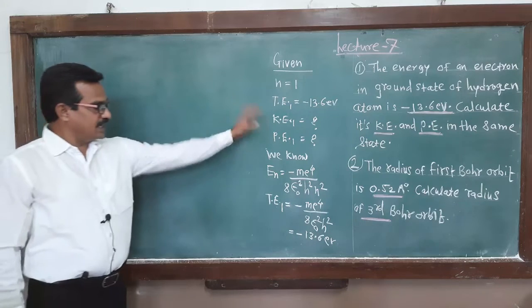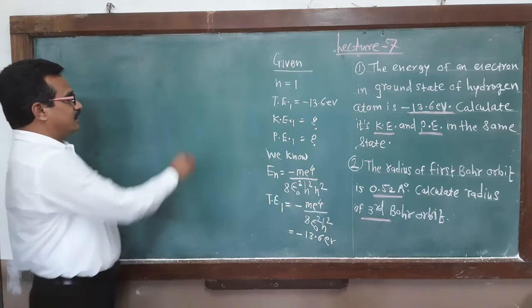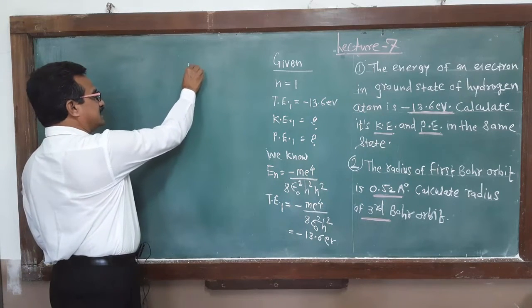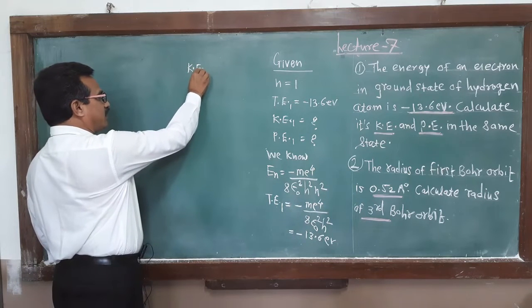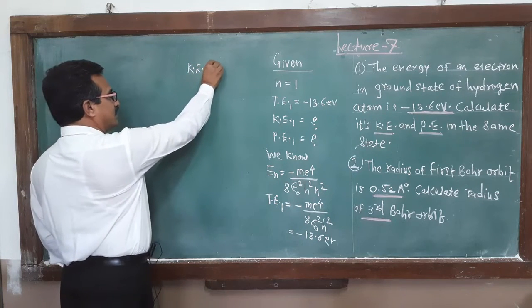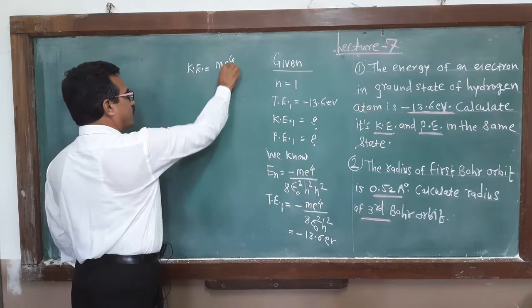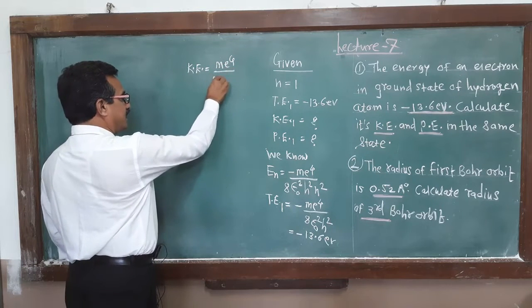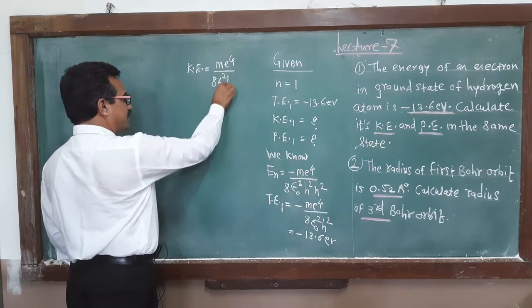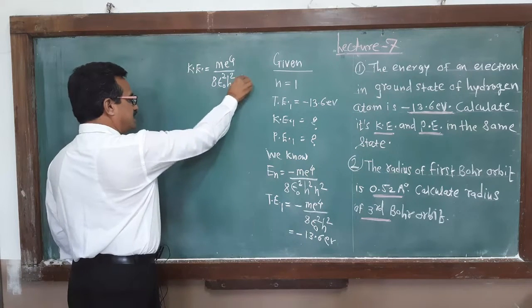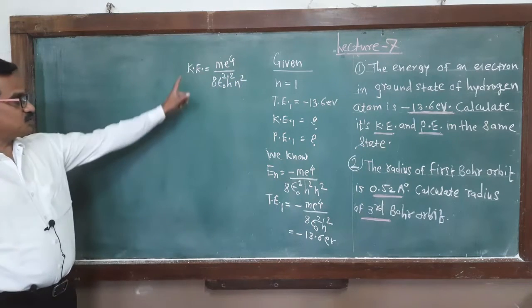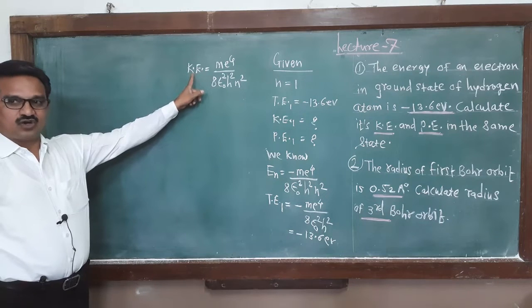We want to find the kinetic energy. The formula for kinetic energy in the nth orbit is equal to m e raised to 4 divided by 8 epsilon 0 square h square n square. This is the expression for kinetic energy for the nth orbit.